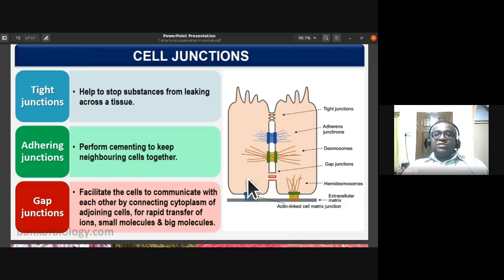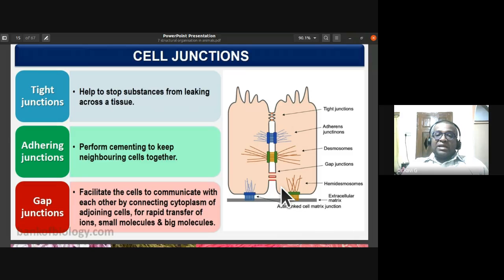So the gap junctions facilitate the cells to communicate with each other by connecting the cytoplasm of the adjoining cells for rapid transfer of ions, small molecules, and big molecules. The cytoplasmic connections are established through the gap junctions of the neighboring cells, which we also call plasmodesmatal connections.